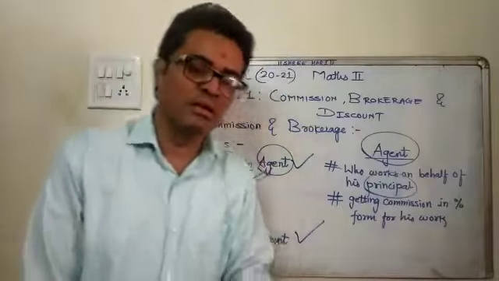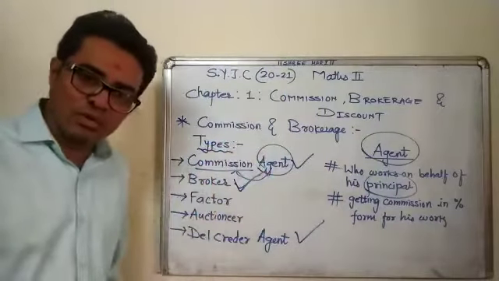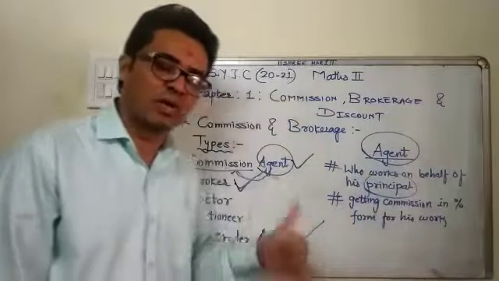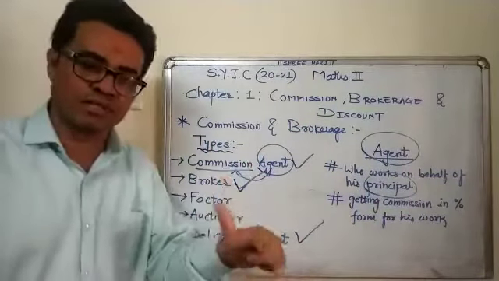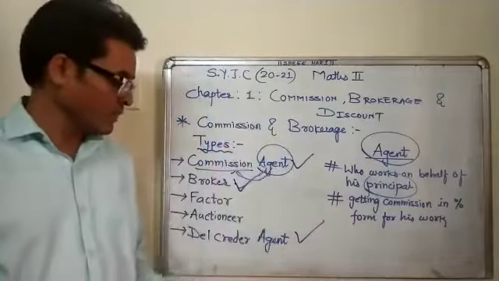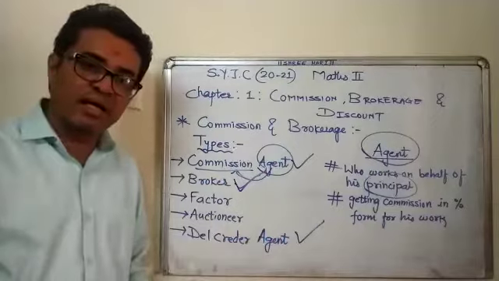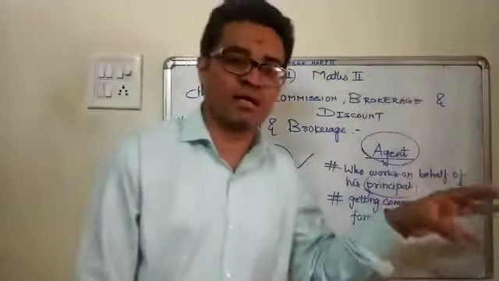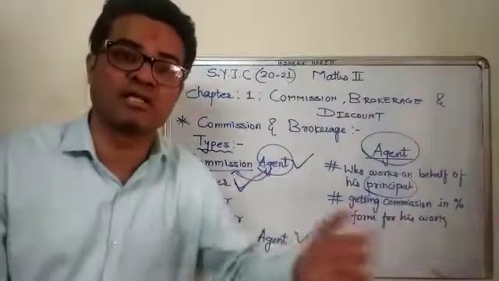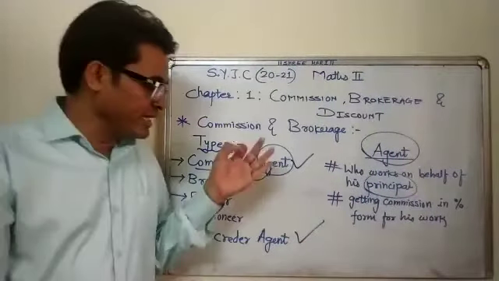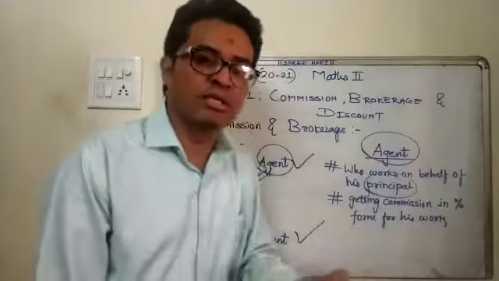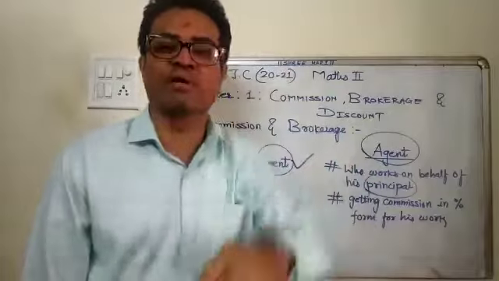First, commission because he sells our goods; the selling commission. Second, commission for guarantee. The Del Credere agent takes a selling commission because he got the product sold. Second, he charges one more part of commission because he is giving a guarantee of payment also.